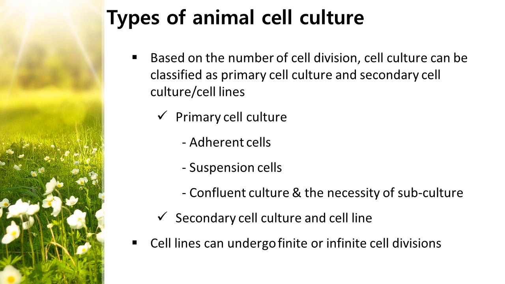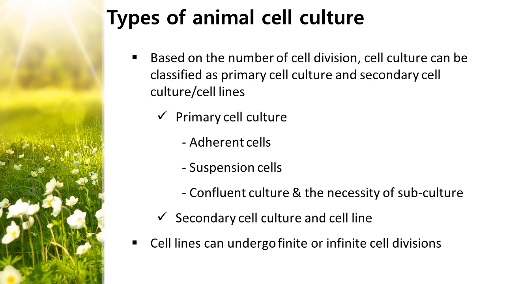The cell lines we derive from secondary cell culture can undergo finite or infinite cell division. Again, it's a general term. Finite means a prescribed number of cell divisions. For example, 5 cell divisions take place, or 10 cell divisions take place. Like that, we can denote how many cell divisions are possible with the available cell culture.